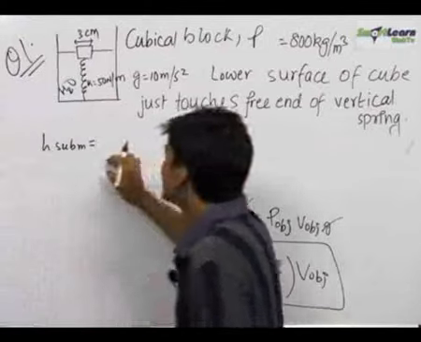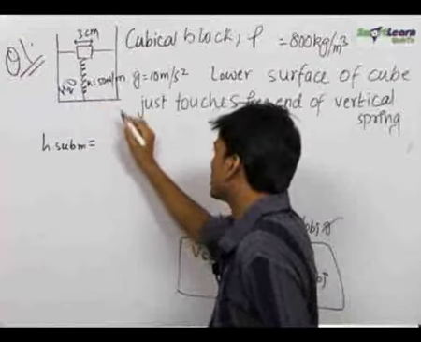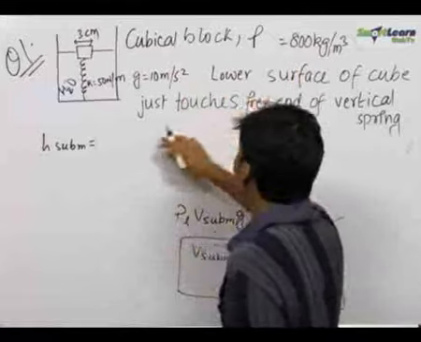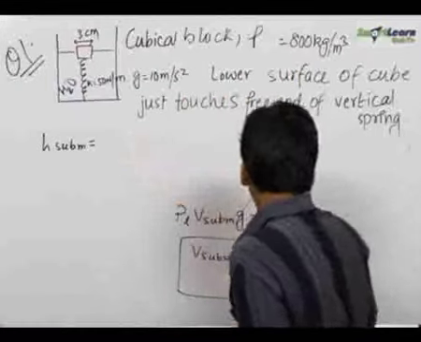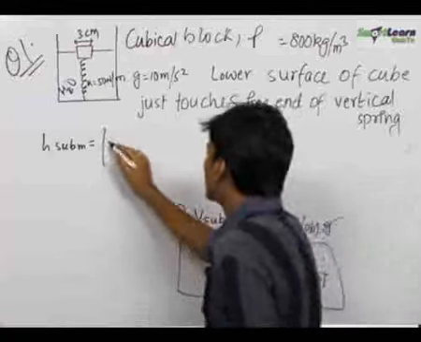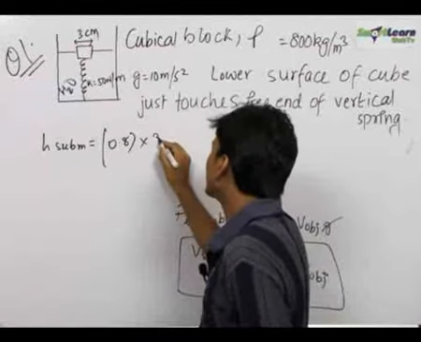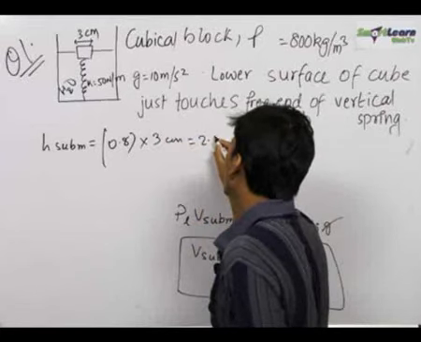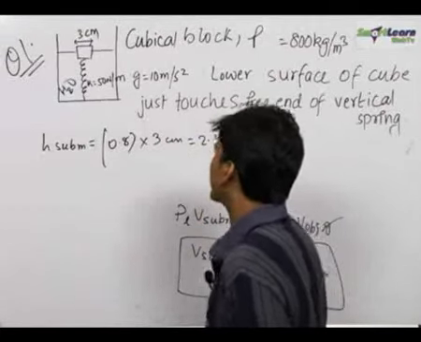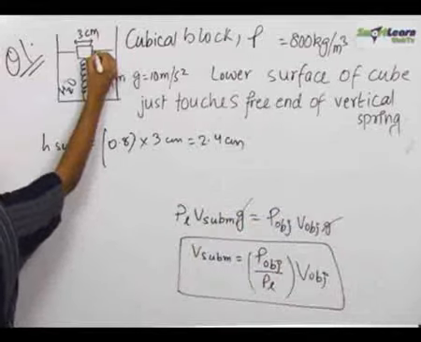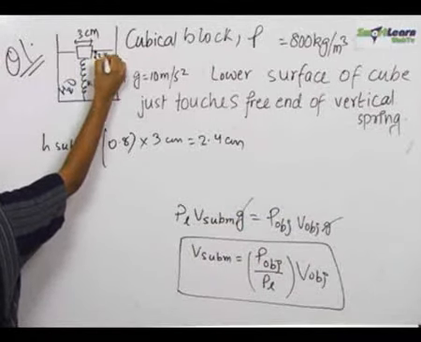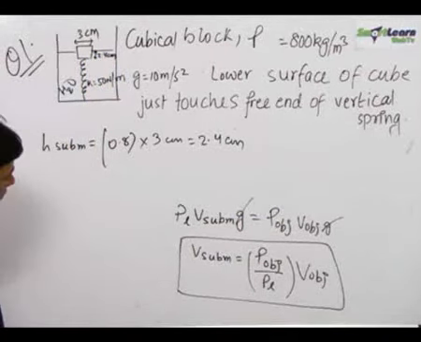Over here the liquid is water, so the specific gravity of the substance is equal to 800 divided by 1000, the density of water, that is 0.8, into the height of the object, that is 3 centimeters, which is equal to 2.4 centimeters. So 2.4 centimeters of the object is already inside water.